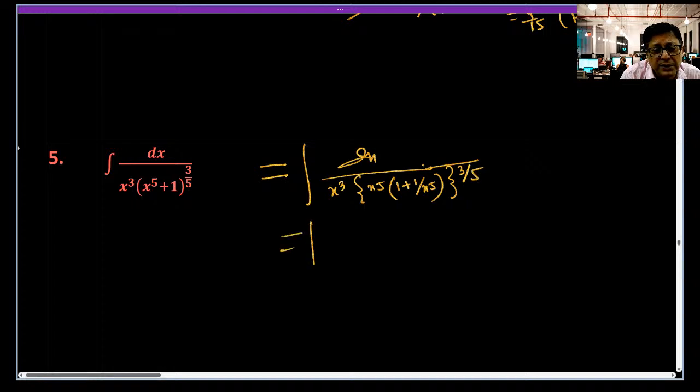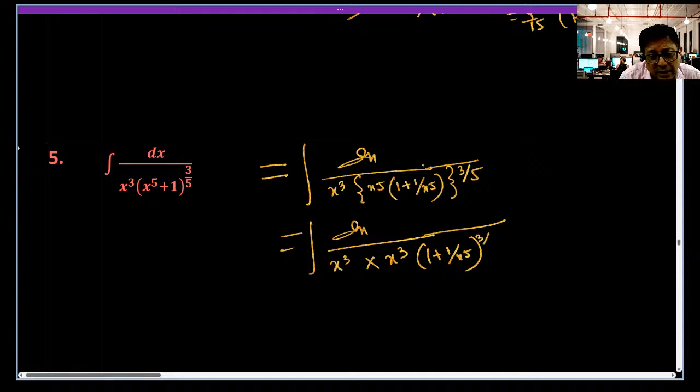Am I right? dx by x to the power 5 to the power 3 by 5. Is this correct? Check once.